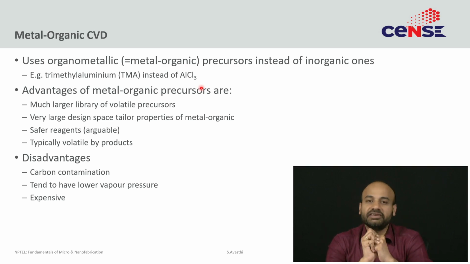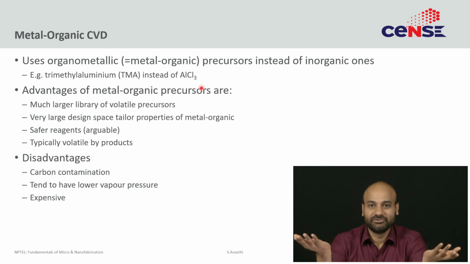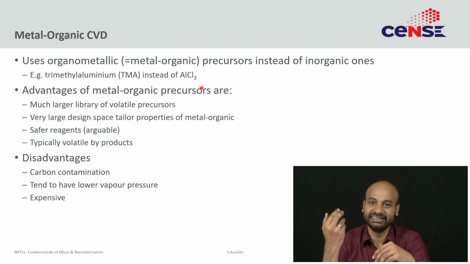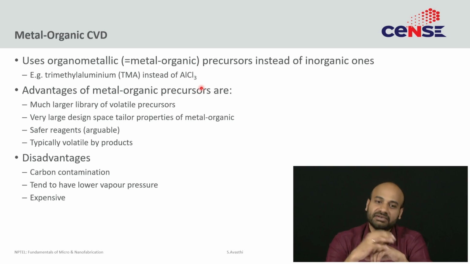And typically it leads to very volatile byproducts, because the byproducts in this case tend to be organic, and organics tend to be volatile. I mean, alcohols, acetones, ketones, methane, ethane, they all tend to be very volatile. So, at very low temperatures they leave the surface. The disadvantage is it leads to carbon contamination.